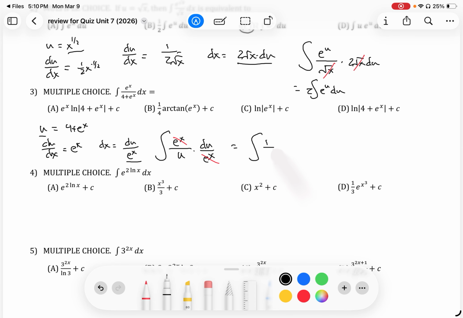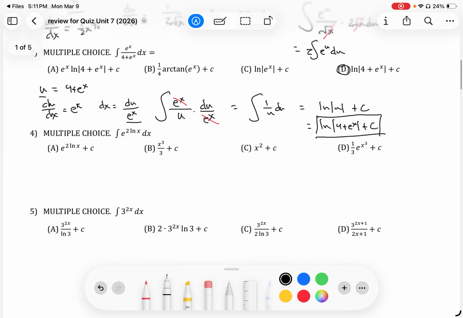I get the antiderivative of 1 over u du. And that's just the natural log of absolute value u plus c. Replacing my u, I get ln absolute 4 plus e to the x plus c. And done. Let's see, that's D, I guess.